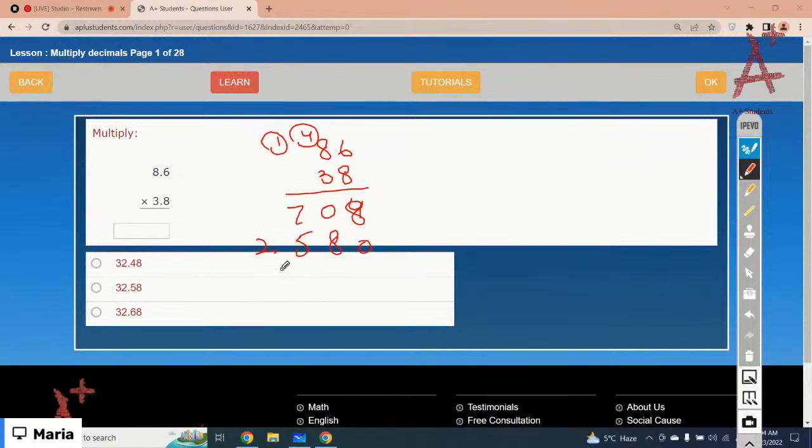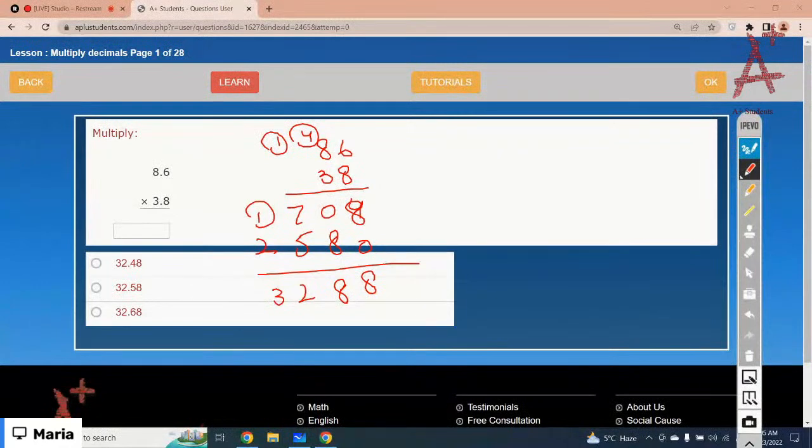So here you have 8. 8 plus 0 is 8. 7 plus 5 is 12. You have to carry 1, and 2 plus 1 is 3. So the number is, wait, let me just see, 86 times 38.